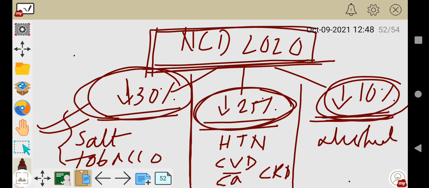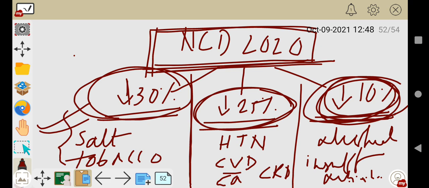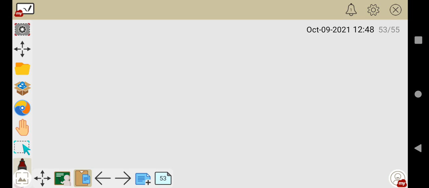Insufficient physical activity: they want you to do exercise, yoga, things like these. So insufficient activity they want to reduce by 10%. This one has been asked, so do remember this, correct? Yes, another thing has been asked.